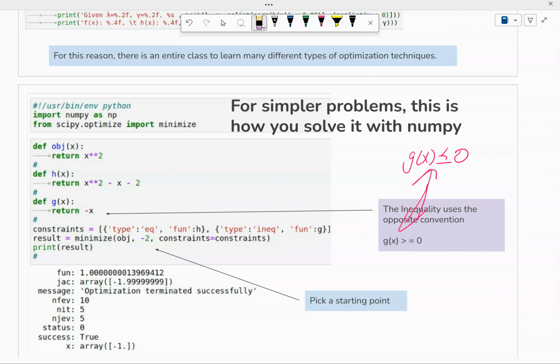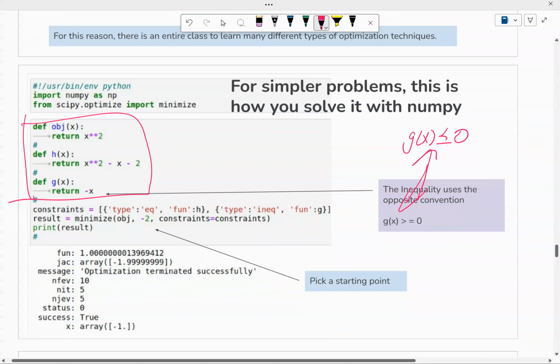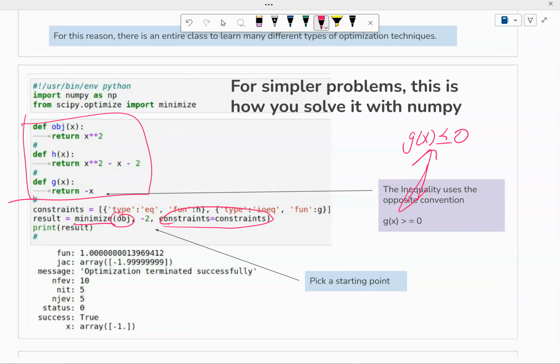Once you set up the objective, equality, and inequality constraint, you define the equality constraint, you define g as the inequality constraint, and then you simply call the minimization, where you minimize the objective and then set the constraint. This is your initial value. Remember how when you run things like gradient descent, you start with some initial value.